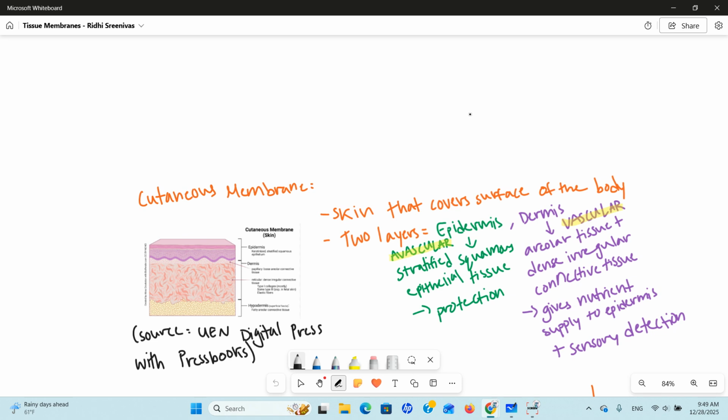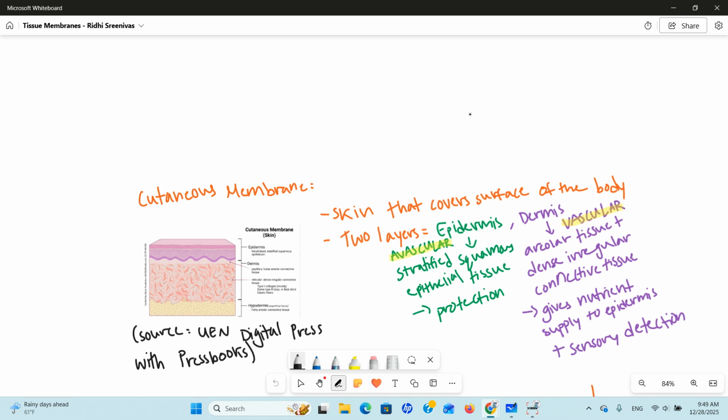And the dermis is composed of both areolar tissue and dense irregular connective tissue, providing a nutrient supply to the epidermis through diffusion since the epidermis is avascular because it's epithelial tissue. And sensory detection is provided by the dermis due to having free nerve endings, and they have more functions, of course.